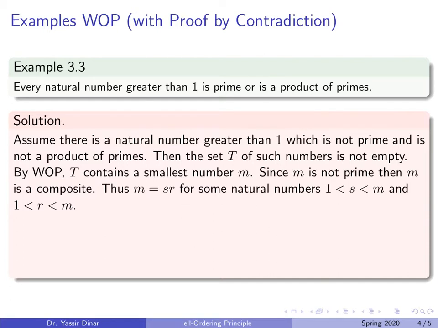Now by definition of the set T, M is not prime and M is greater than 1. That means M is composite.